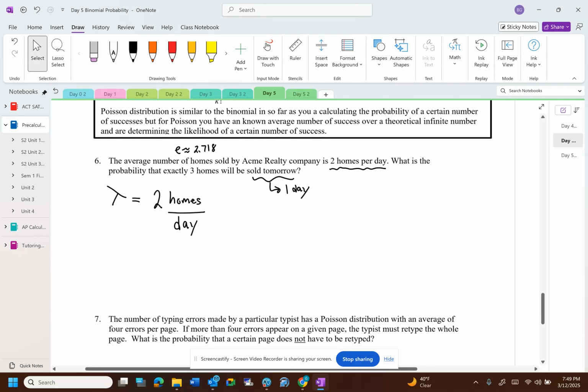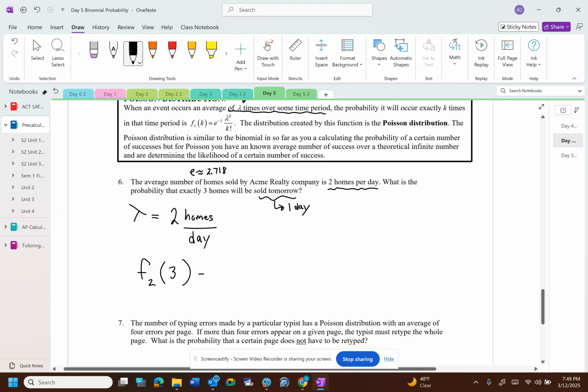So we want to figure out the probability that we have 3 homes sold tomorrow. Pretty easy just to plug this in. f of lambda, in this case f sub 2 of 3, that's the notation we use for this, is equal to e to the negative lambda, negative 2, times 2 to the third over 3 factorial.